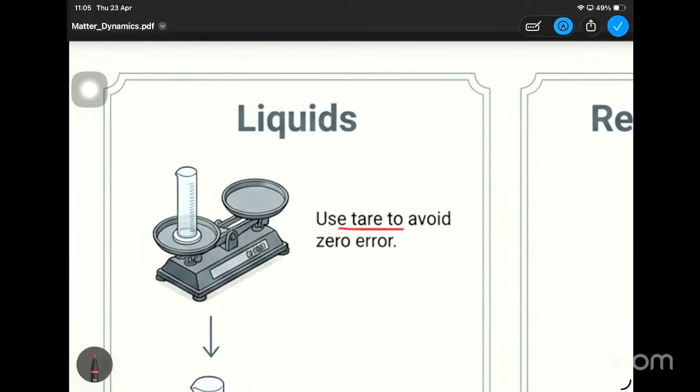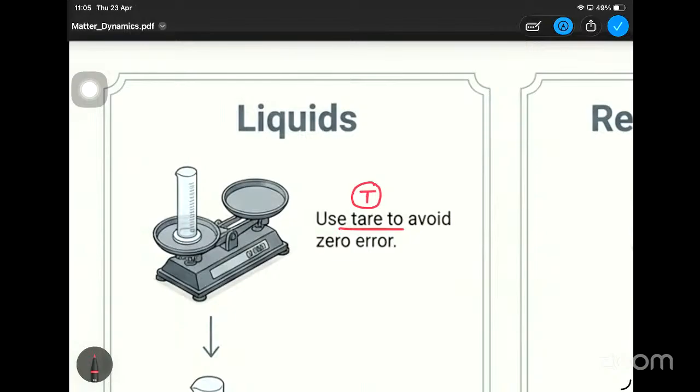Therefore, we need to tare the balance. There's a special key to make the reading zero, normally given as a capital T. It's a special button, right?